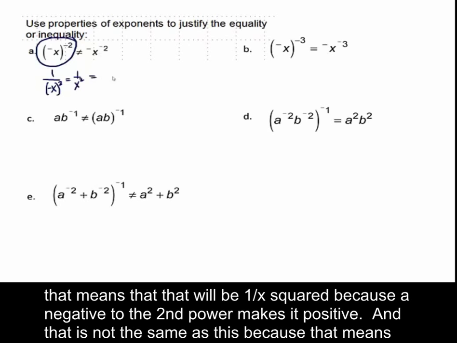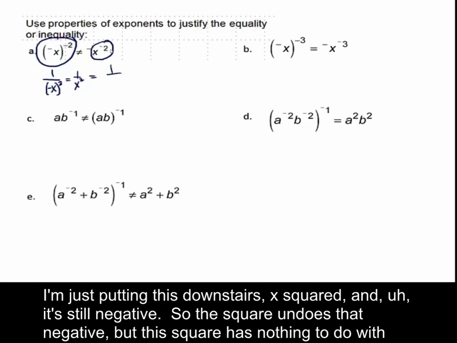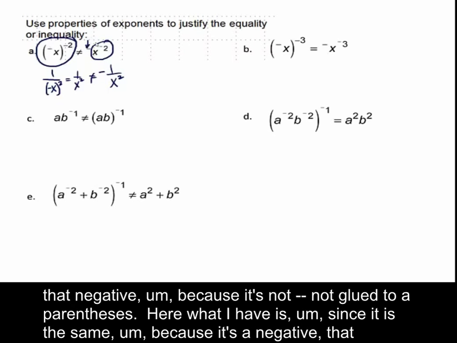That is not the same as this, because that means I'm just putting x squared downstairs, and it's still negative. So this square undoes that negative, but this square has nothing to do with that negative because it's not glued to a parentheses.